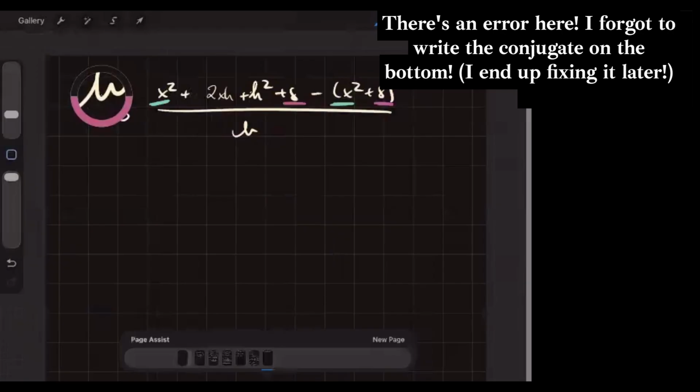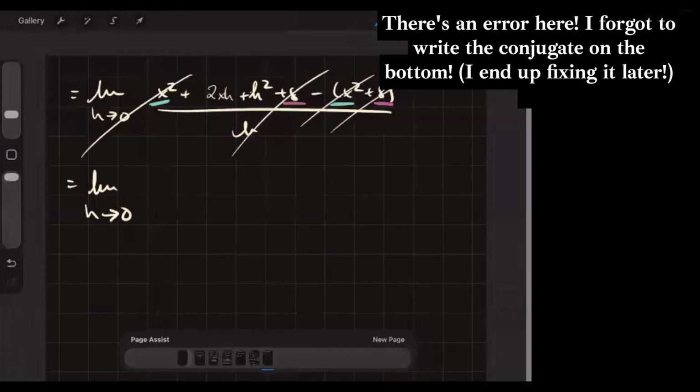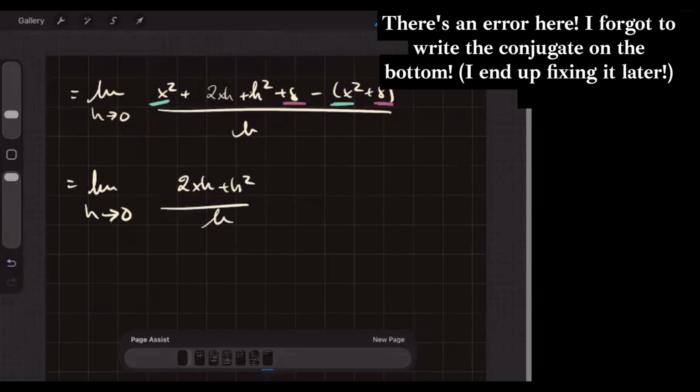Right? Because once you know what your like terms are, you can just go, oh, and that's going to equal the limit as h approaches 0 of, this is gone, and this is gone, and this is gone, and this is gone, to leave you with 2xh plus h squared over h. We're going to factor like civilized humans. h(2x plus h) all over h.